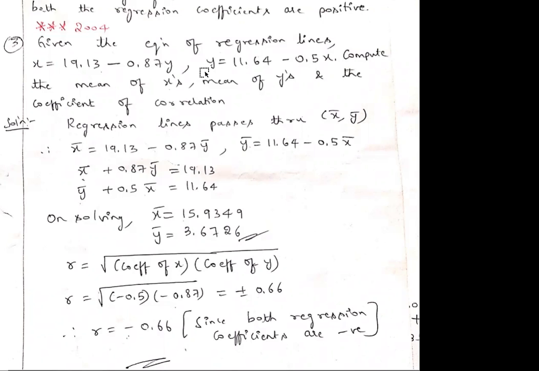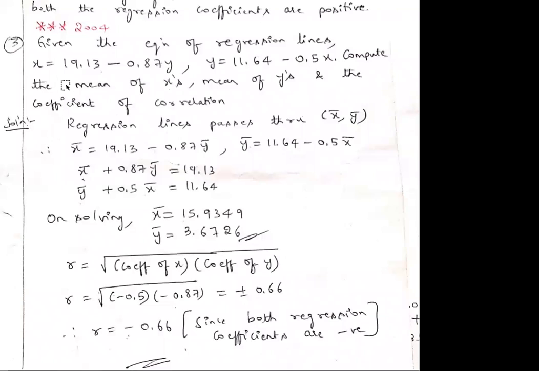So what you should do, the first step: since x bar and y bar are means of x and y, they will satisfy the equation. The regression line always passes through x bar and y bar. So just go and replace wherever x is there with x bar, and y with y bar, because x bar and y bar represent mean of x and y.